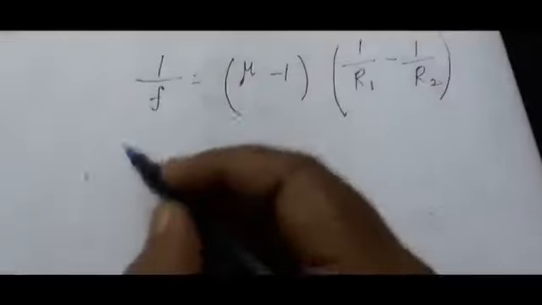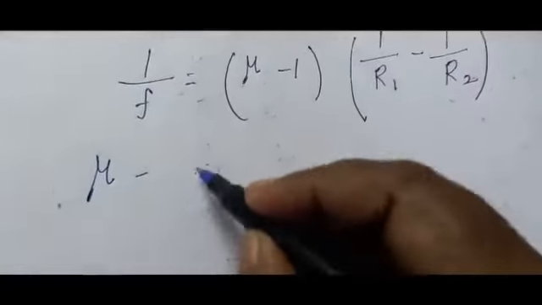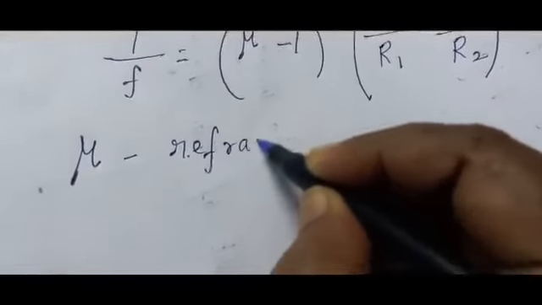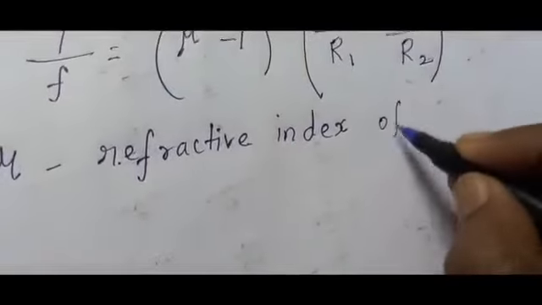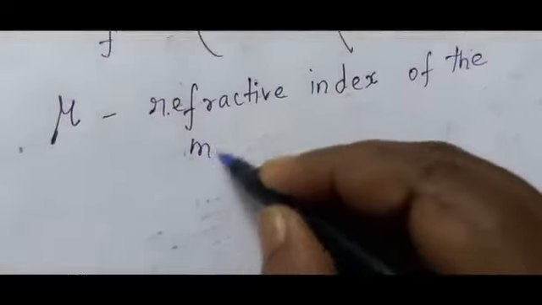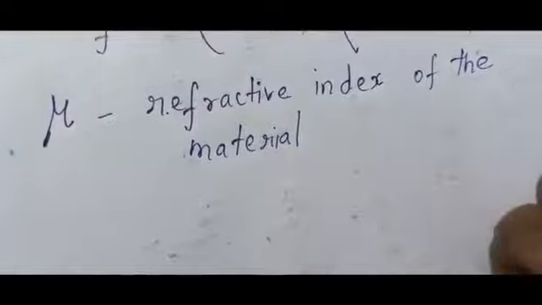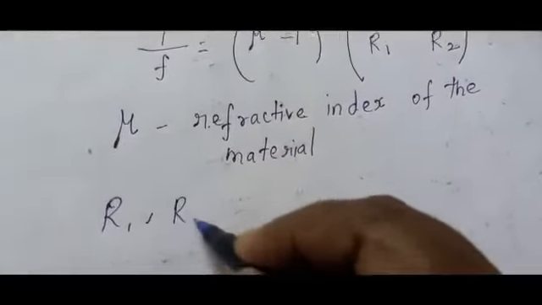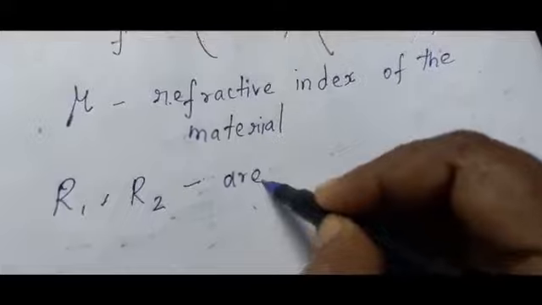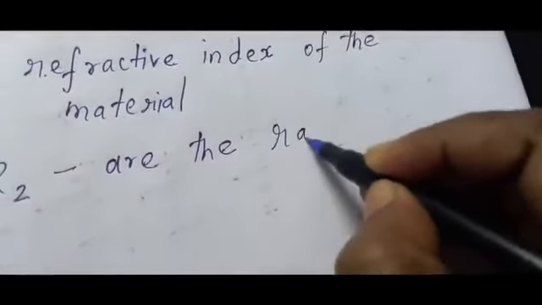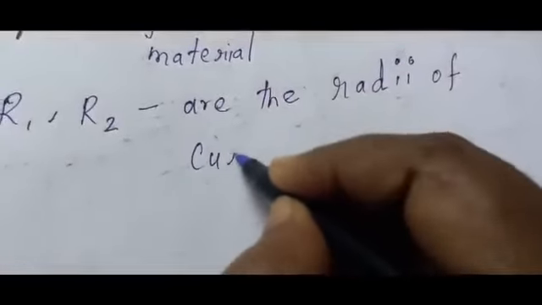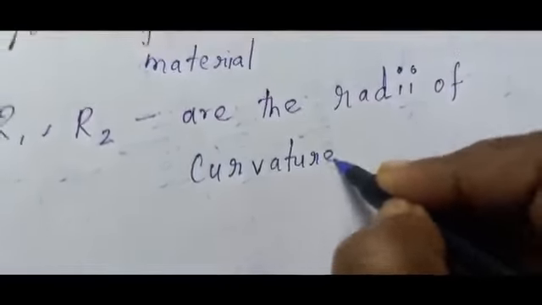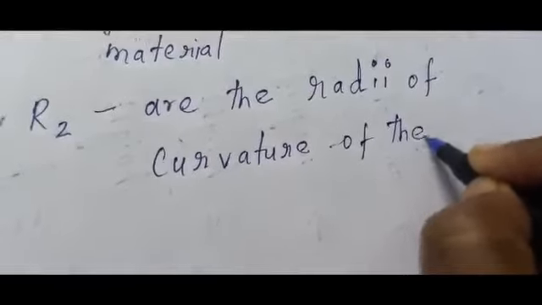Students, here mu is the refractive index of the material, and r1 and r2 are the radii of curvature of the two faces of the lens.